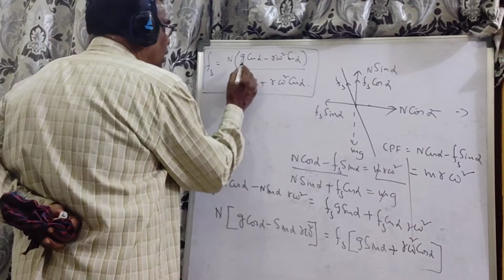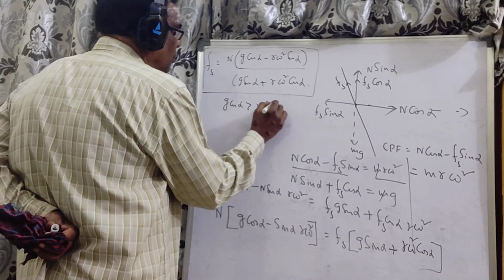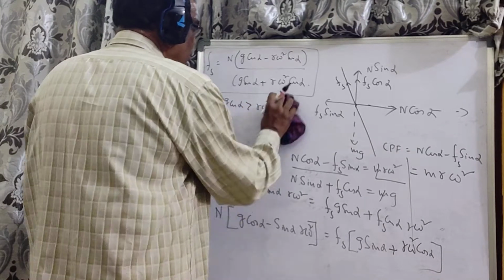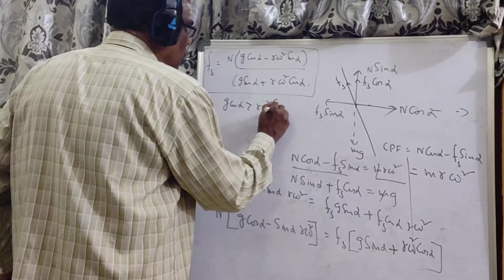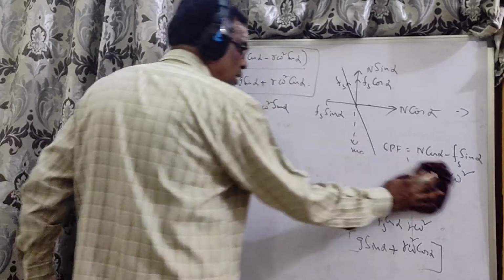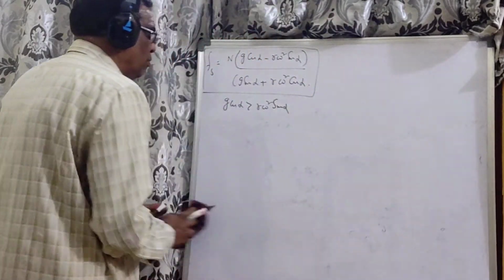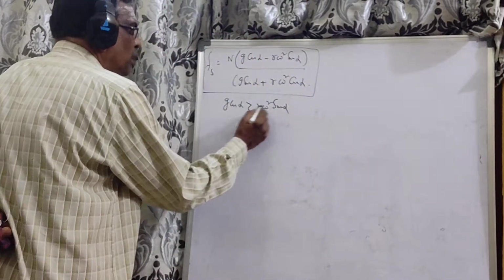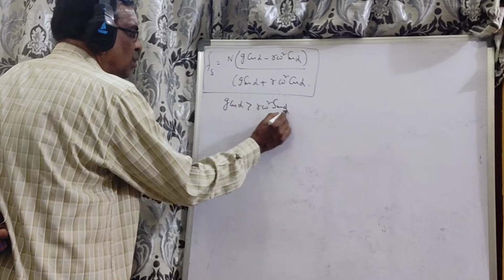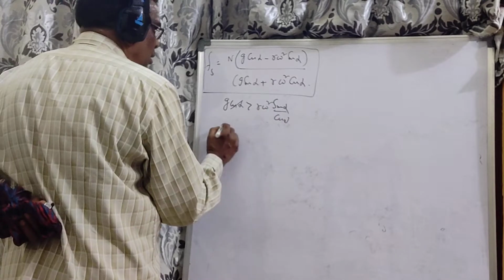That means what? g cos alpha greater than r omega square sin alpha. Now you see how these conditions are obtained. Never try to memorize them. Never. So what do you mean by this? Cos alpha take on to this side, right?